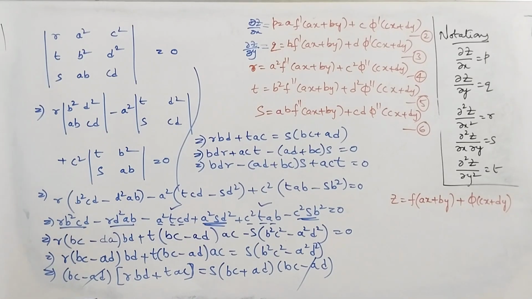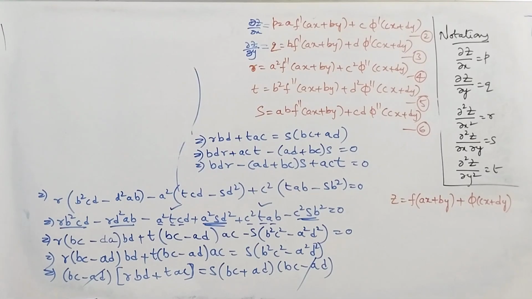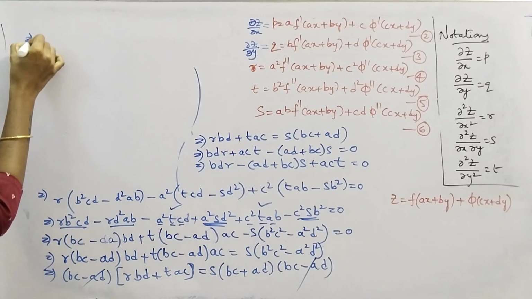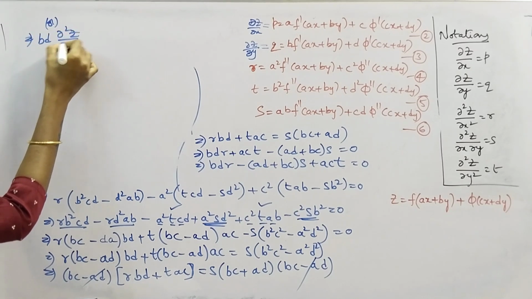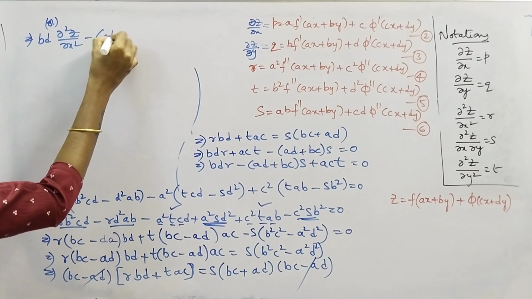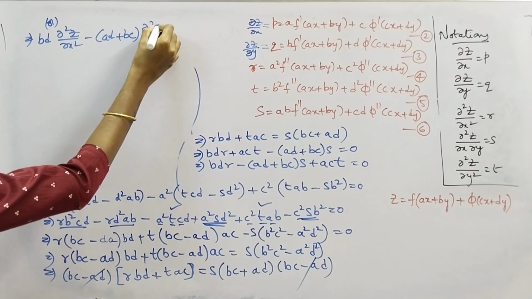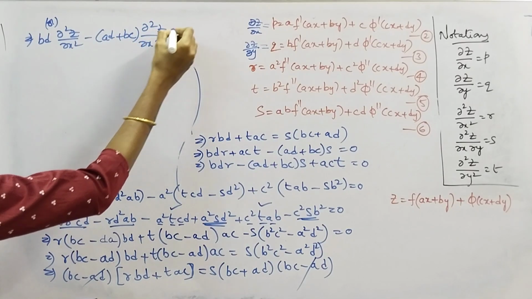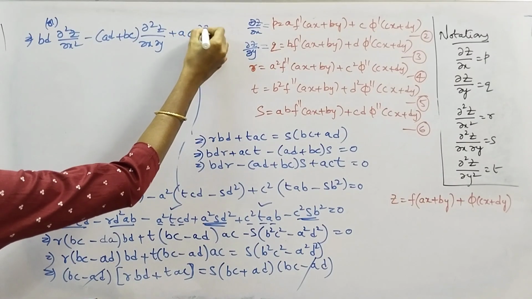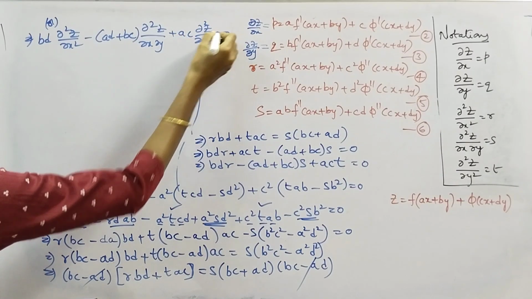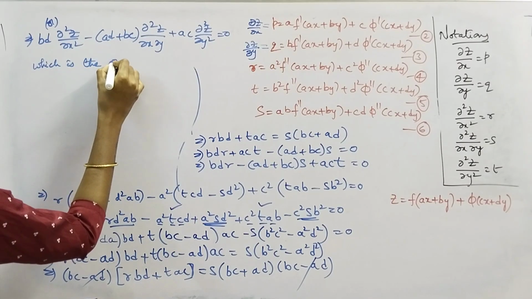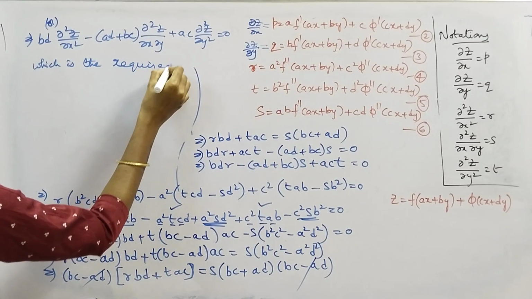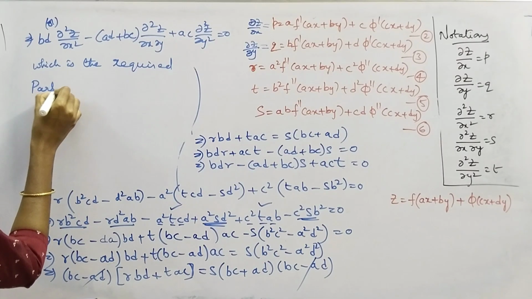Or you can write this as bd into ∂²z/∂x² minus (ad + bc) into ∂²z/∂x∂y plus ac into ∂²z/∂y² equal to 0, which is the required partial differential equation.